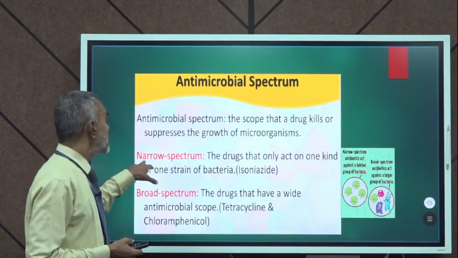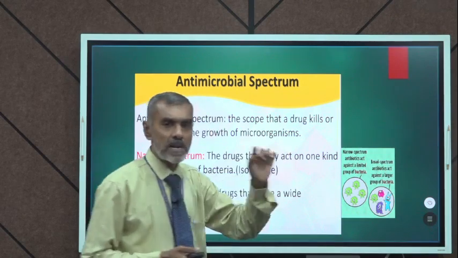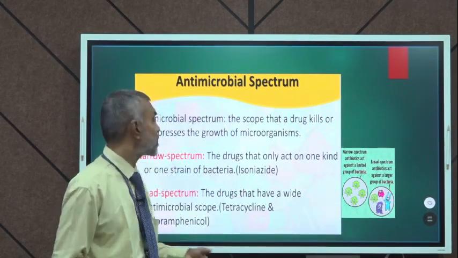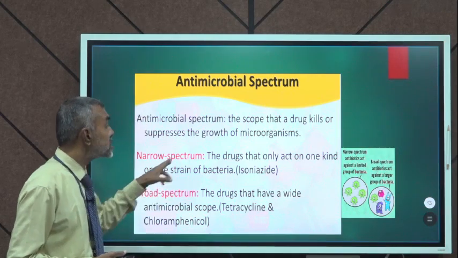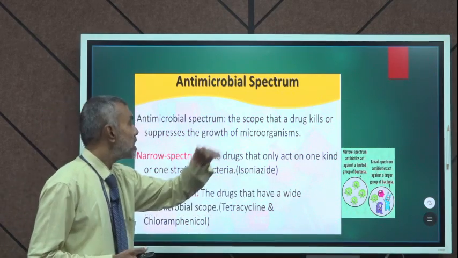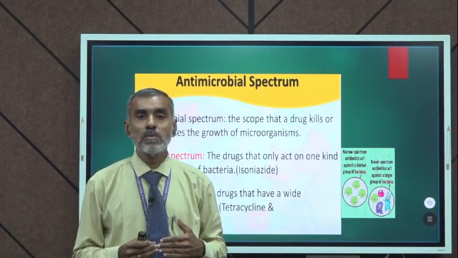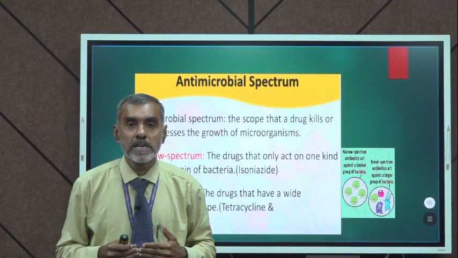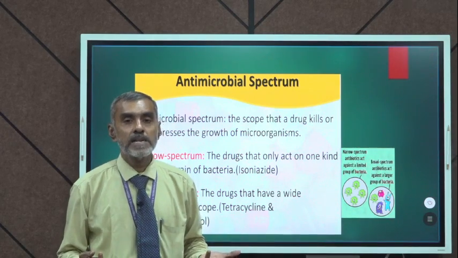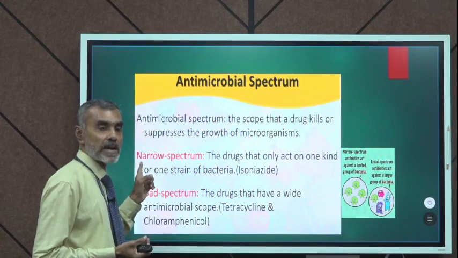Coming to the narrow spectrum, it is a drug that can only act on one specific kind or group of microorganisms, or one strain of bacteria, for example, isoniazid. It is supposed to control gram positive bacteria, and will not act against gram negative bacteria. That is why this comes under narrow spectrum antibiotics.